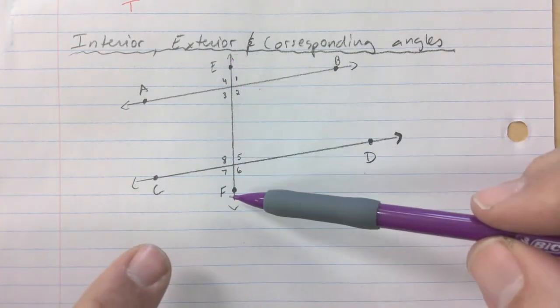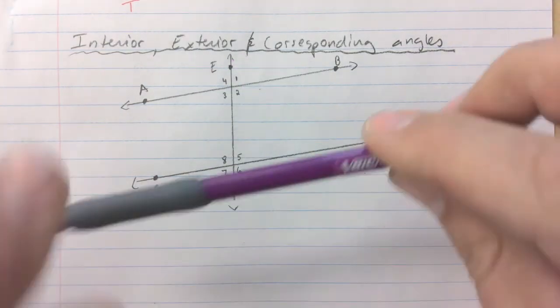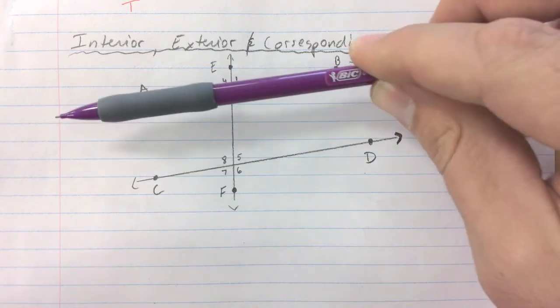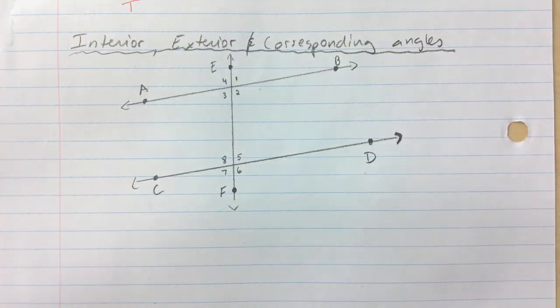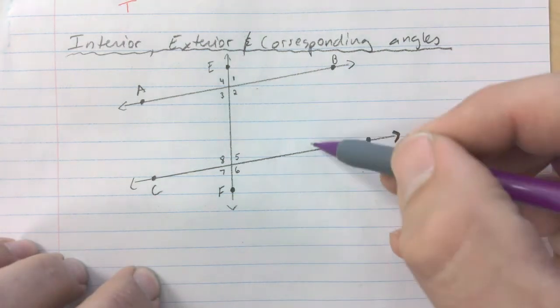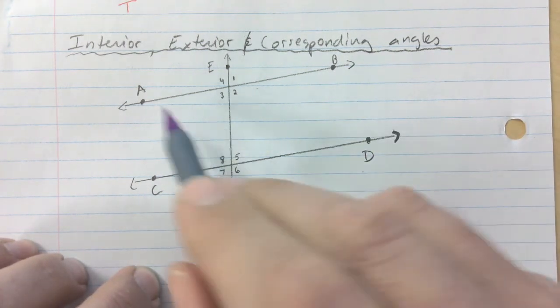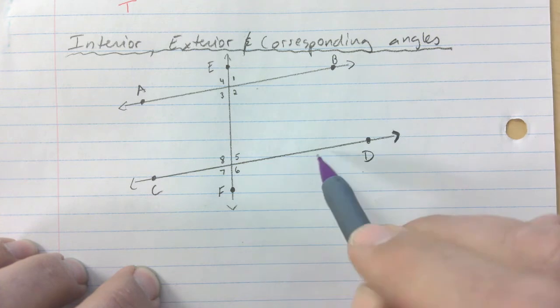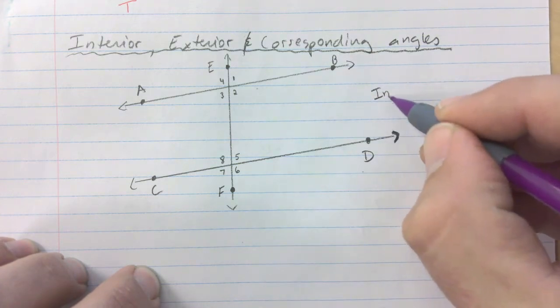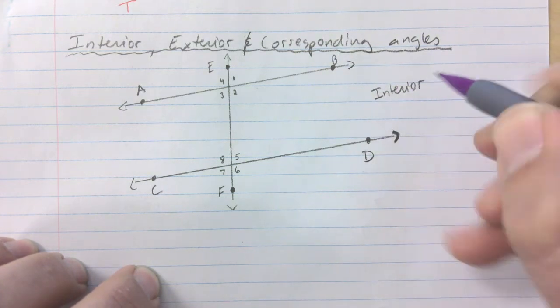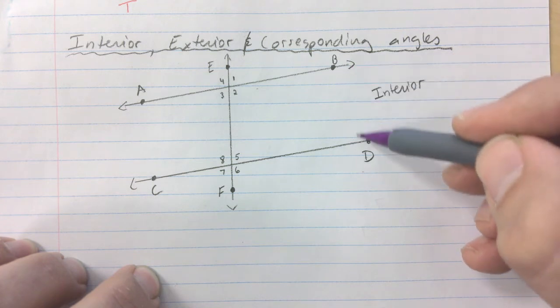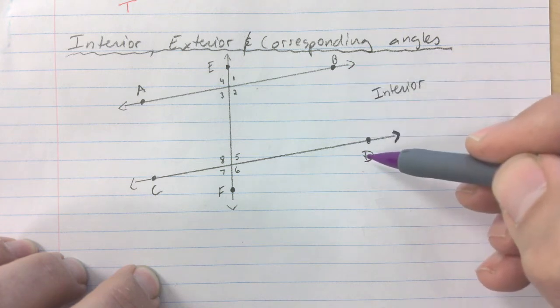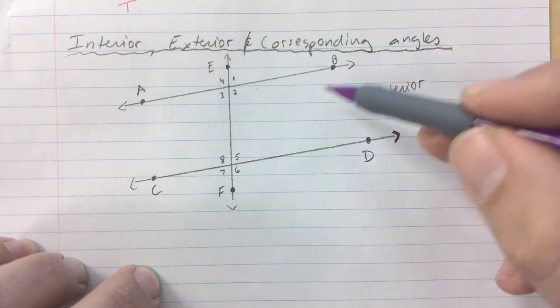If this is your transversal and these two lines are like that, they could be parallel, they could not be, we don't know at this moment. Anything inside of it, I want you to think of a sandwich. This is your bread. This would be considered interior. Anything between these lines would be considered interior, inside.